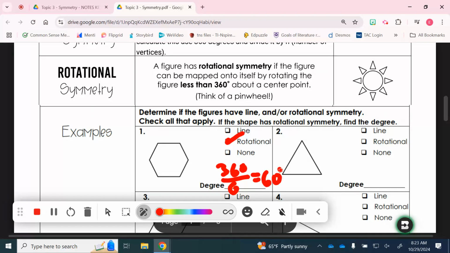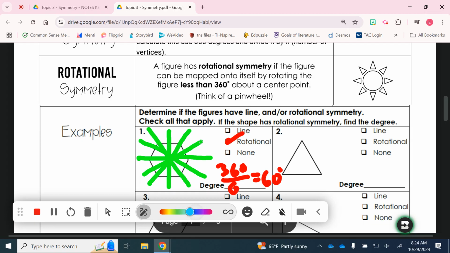Now the question is, does this have line symmetry? So now we're saying if we draw a line through this and fold it onto itself, will everything match up, right? If I went like this, would that work? Yeah. What if I went through these vertices? Would that work? Yeah. If I keep going with this idea, through the vertices, through these sides, there's quite a bit, and this gets a little mushy real quick.